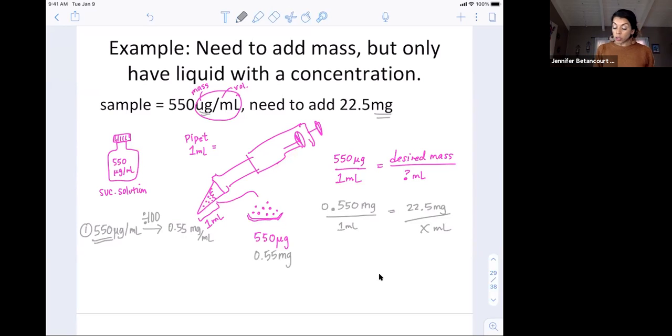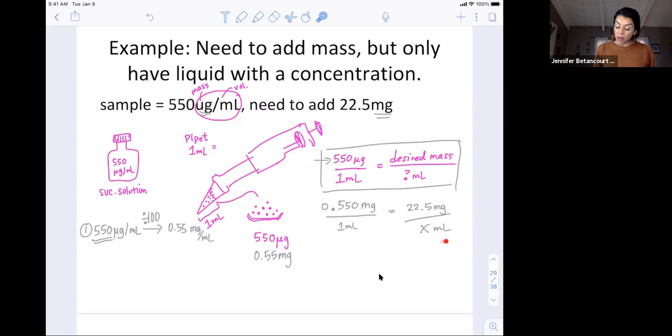Okay, so then she used this ratio that I kind of started setting up for you, and she just plugged in the stuff that she knew. So instead of writing it in 550 micrograms, she did it in milligrams. So it's 0.550 milligrams. And that is anytime you set your pipette to 1 mil. And then she used the other side of the ratio to set up her desired mass, which as we know is 22.5 milligrams.